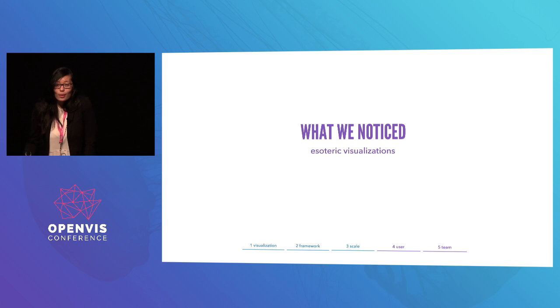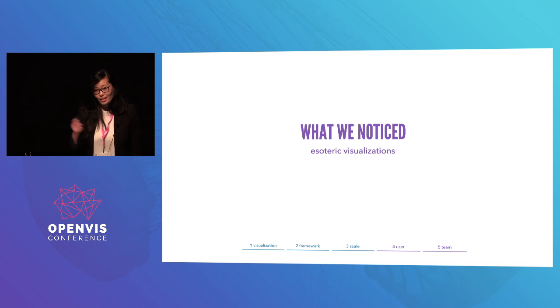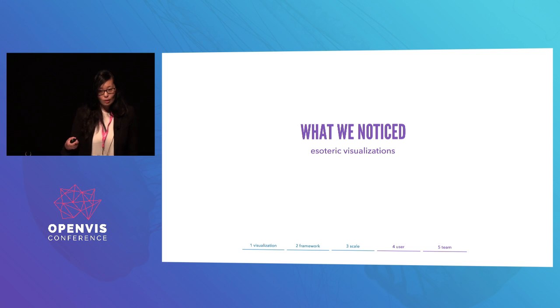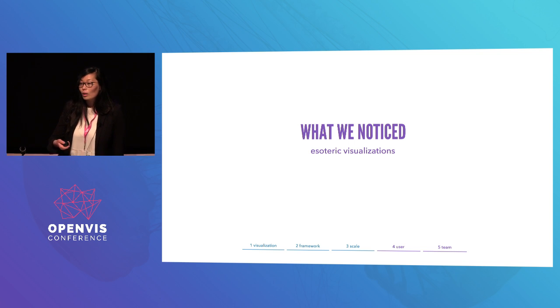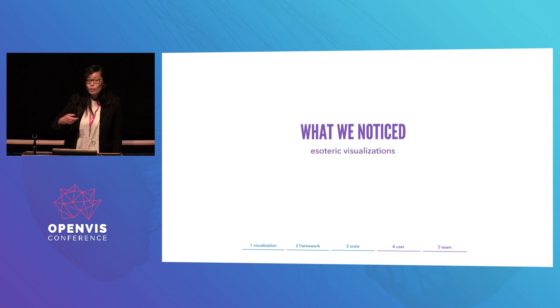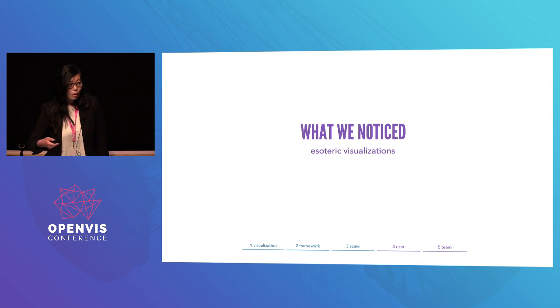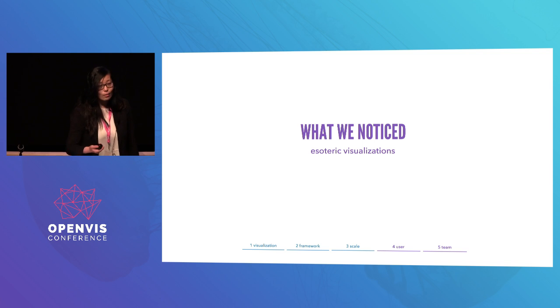Like, we might think that parallel coordinates and Sankey diagrams make so much sense to us, but when we pitch it to our teammates that have never seen it before, it's hard for them to understand what it is, let alone what it's supposed to do or should do, or how our data will look within that visualization, let alone what the use case or the customer need is for that visualization.